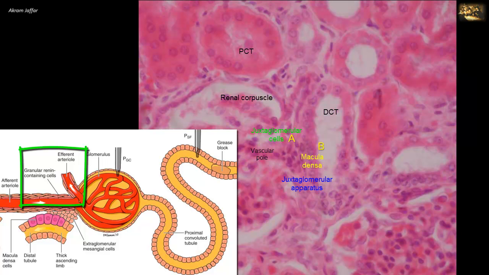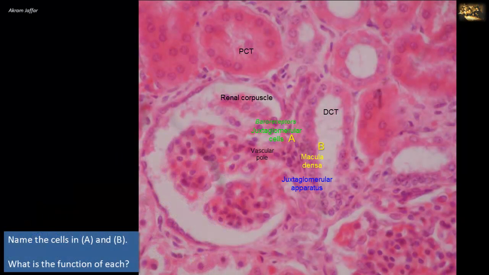The juxtaglomerular apparatus is involved in the regulation of systemic blood pressure via the renin-angiotensin-aldosterone mechanism, where the juxtaglomerular cells are baroreceptors that monitor changes in the systemic blood pressure by responding to stretching in the wall of the afferent arteriole. Remember that they are modified smooth muscle cells.